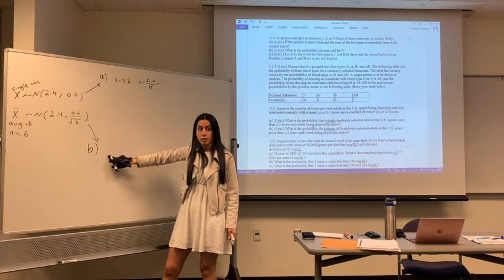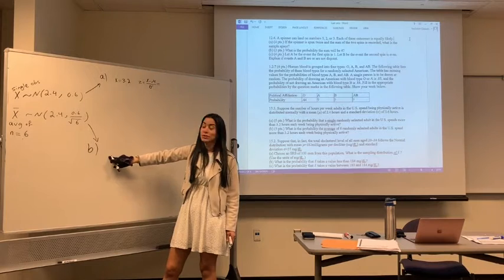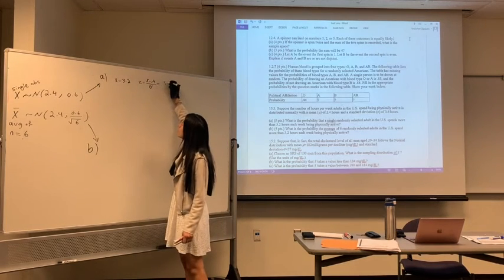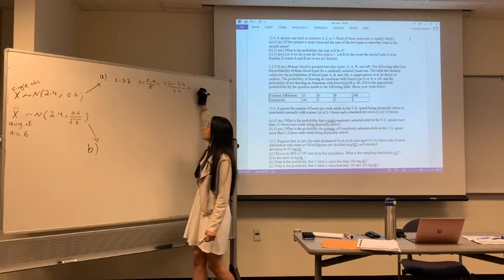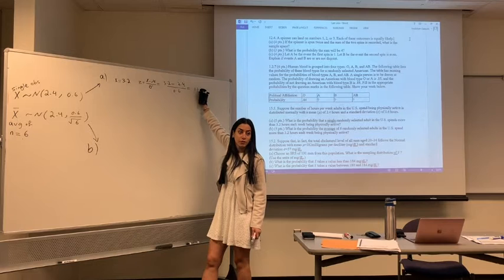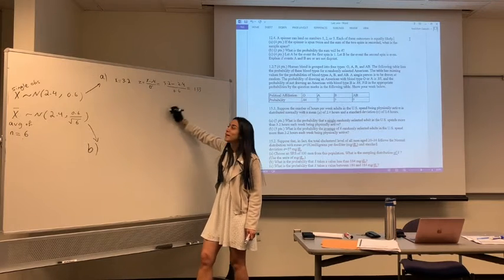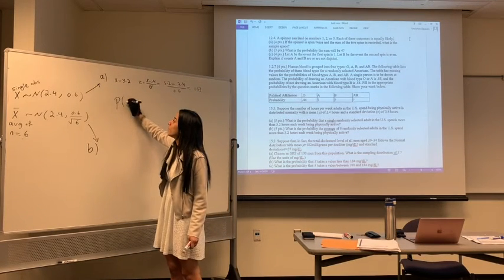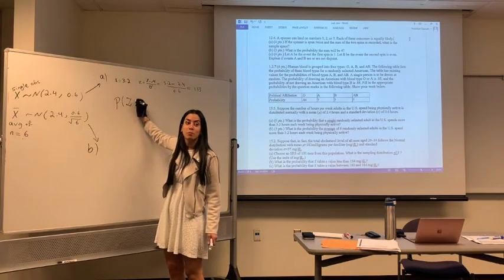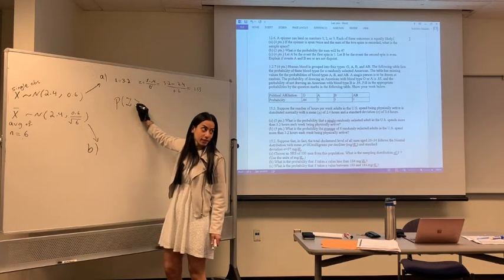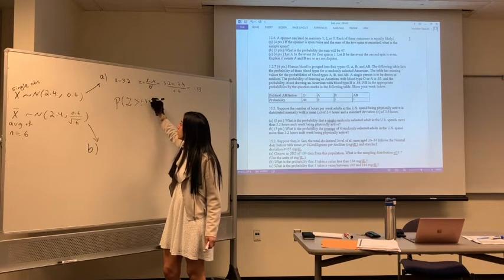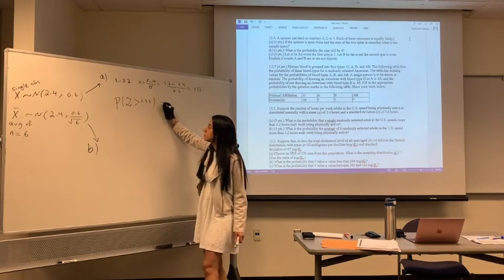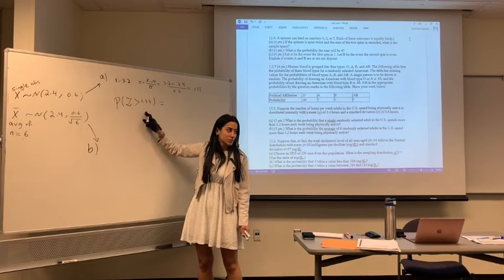So 3.2 minus 2.4 divided by 0.6 is equal to what? 1.33, correct? So now the probability of Z greater than 1.33.